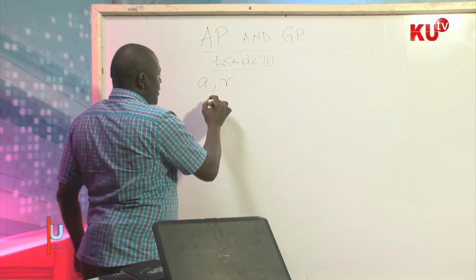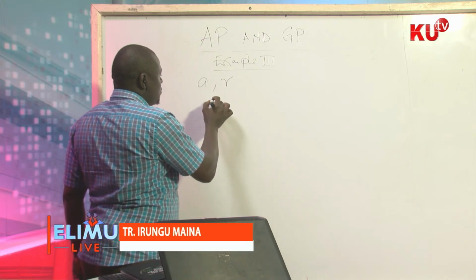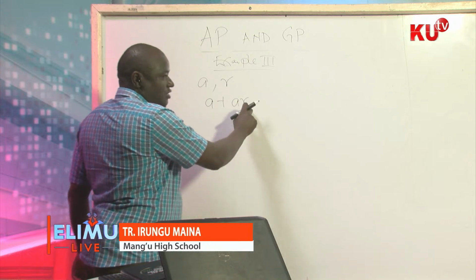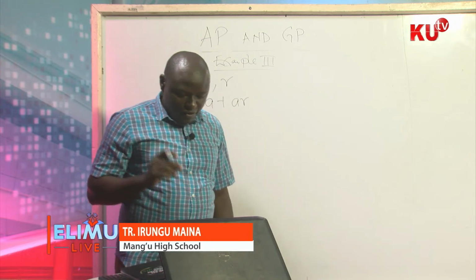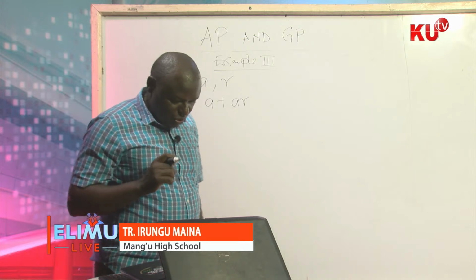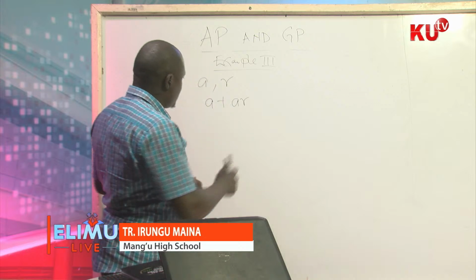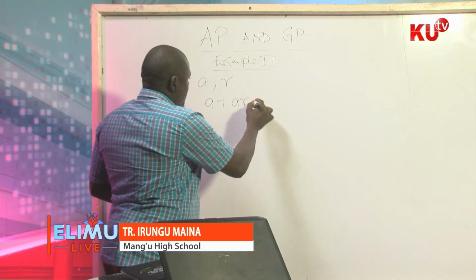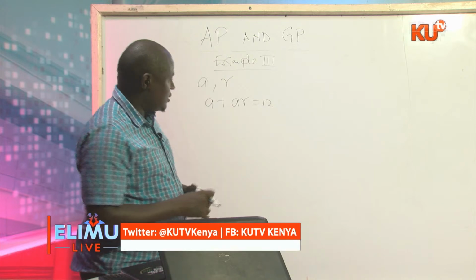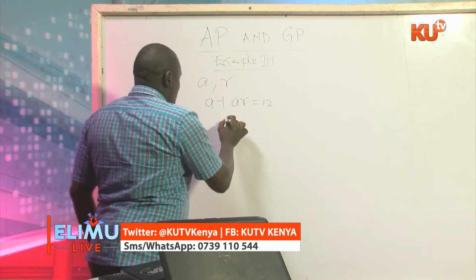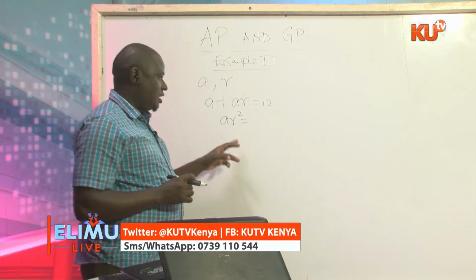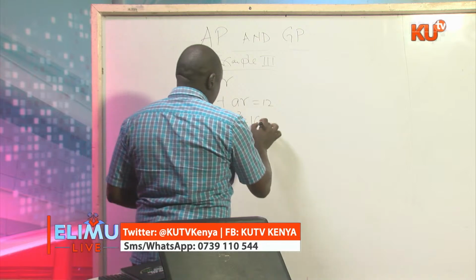It is a GP. The sum of the first two terms, so we have A plus AR. This is the first term and the second term, and the sum is 12. And the third term, which is AR squared, is 16.